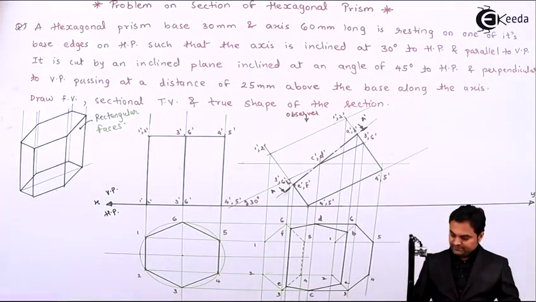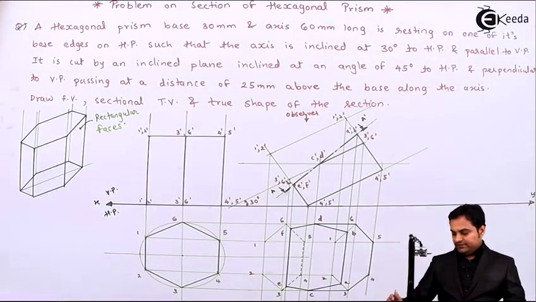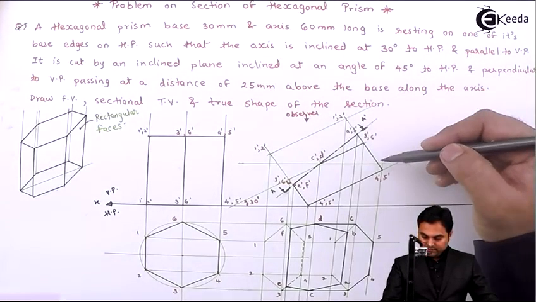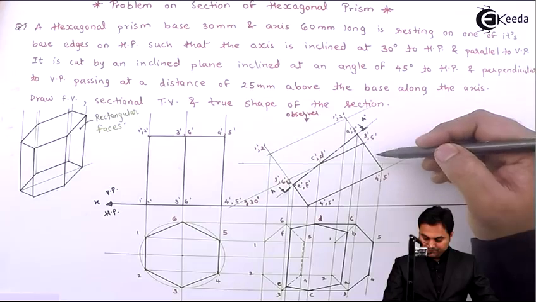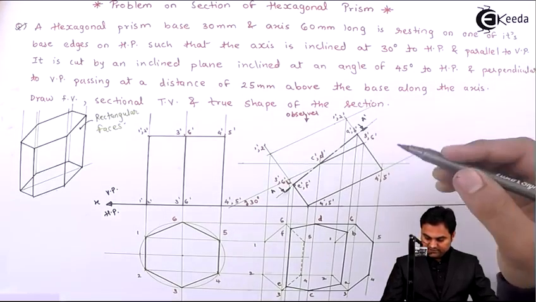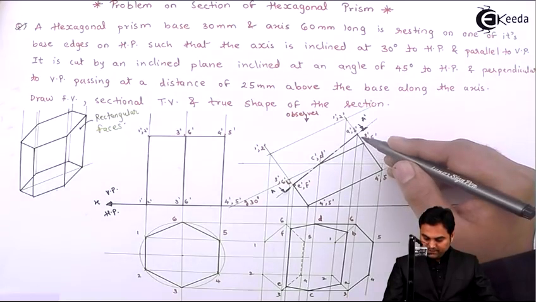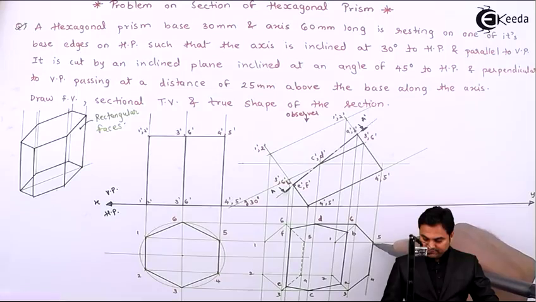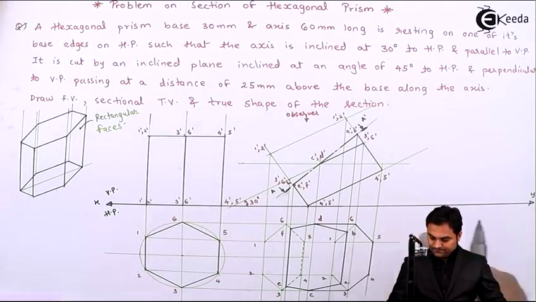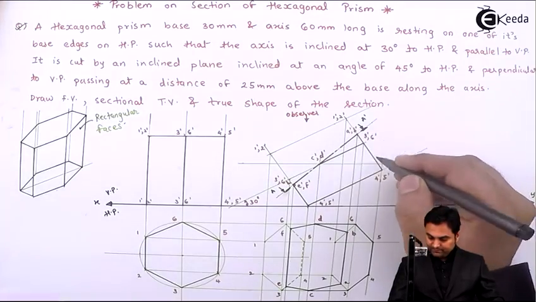After we are cutting this, when we are looking as an observer here, this edge 5 is visible, up to B it will be visible. So B and 5 here means this line, they are on different planes.